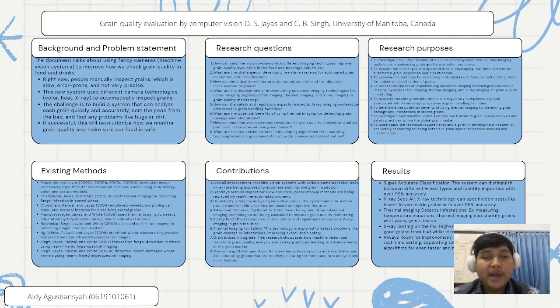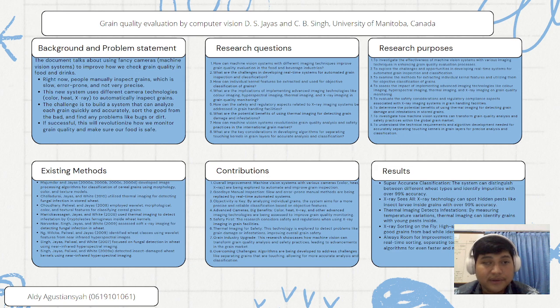Right now, people manually inspect grains, which is slow, error-prone, and not very precise. This new system uses different camera technologies, color, heat, X-ray, to automatically inspect grains. The challenge is to build a system that can analyze each grain quickly and accurately, sort the good from the bad, and find any problems like bugs or dirt.